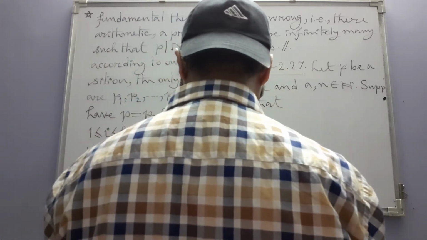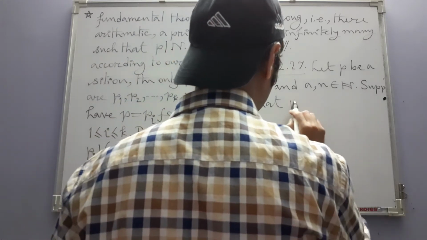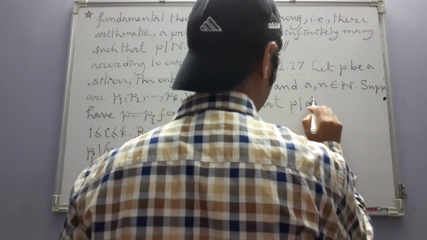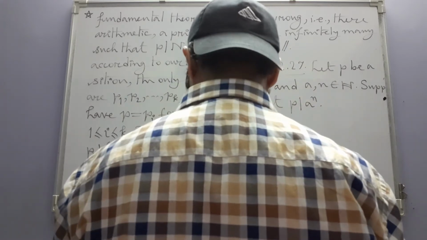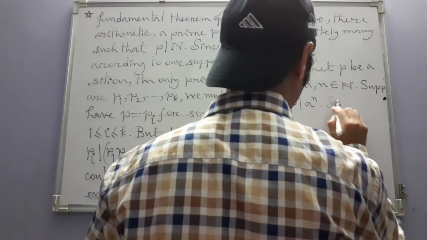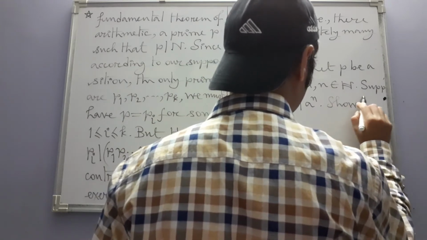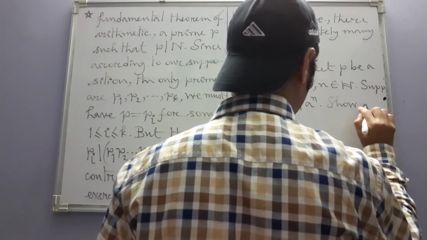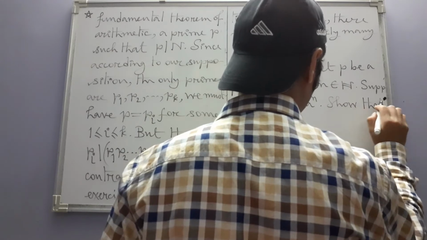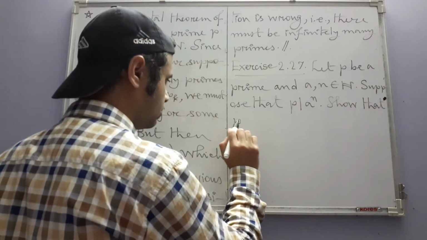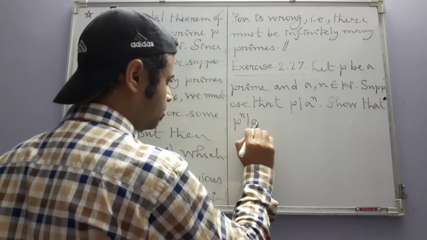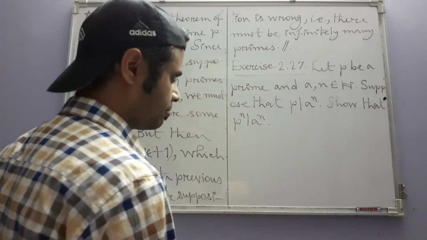Suppose that p divides a to the power n. Show that p to the power n also divides a to the power n.